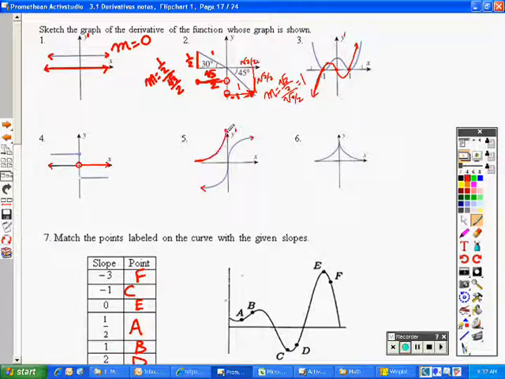Or an undefined slope. Starting right around here, we have those really steep, those infinitely steep slopes. So that's going to start up here, but as we end up, we are decreasing our slope value until it is pretty much 0. So this is our slope function here.